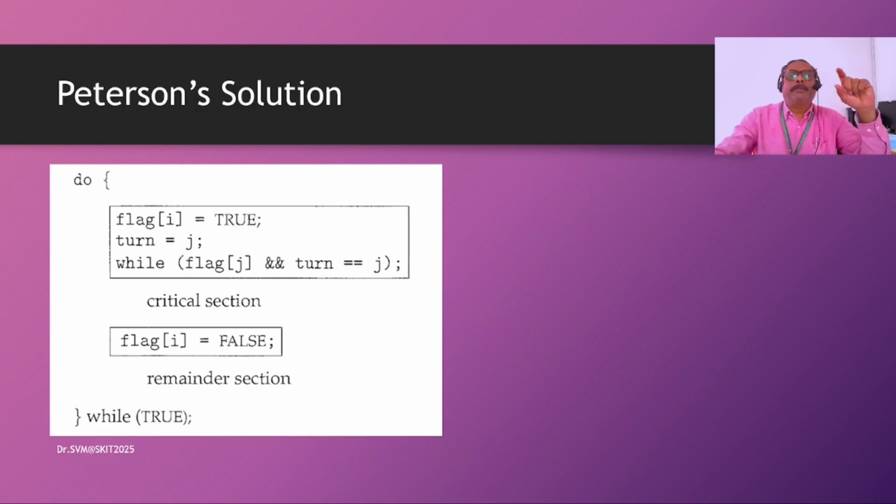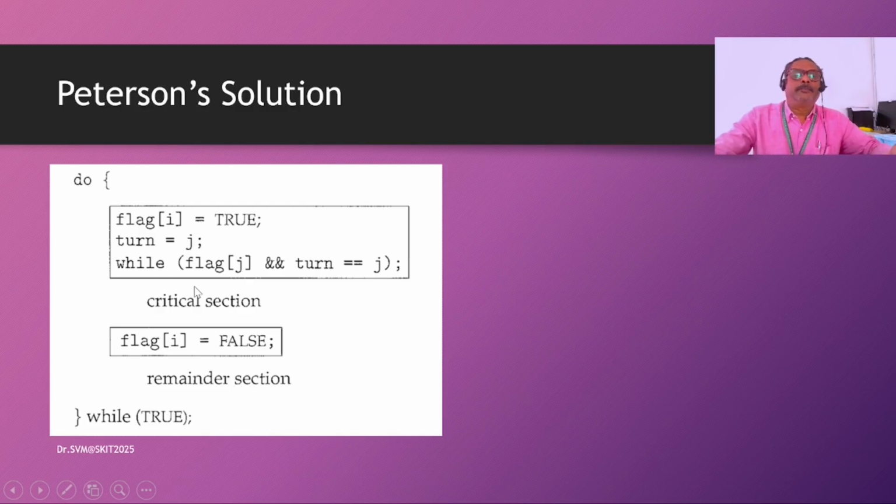That means whichever part of the code of process I needs to use the shared resources, that becomes the critical section, and the rest will be non-critical section. So some part critical, then the next part non-critical, then somewhere else critical, and that way it continues. So it's an indefinite do loop or while loop, and we have alternate critical and non-critical sections running.